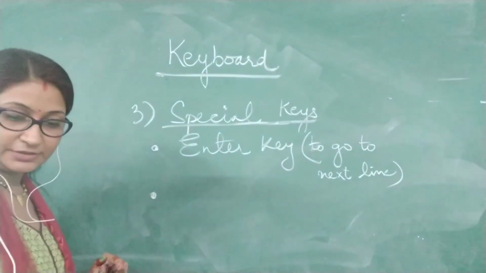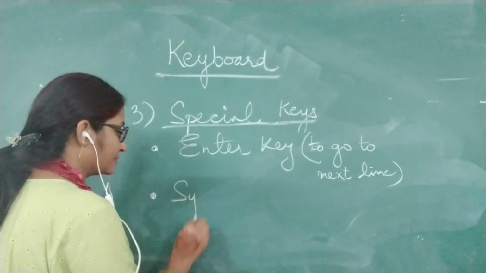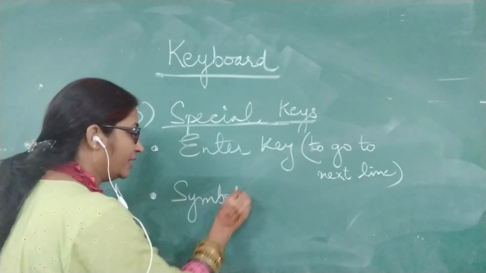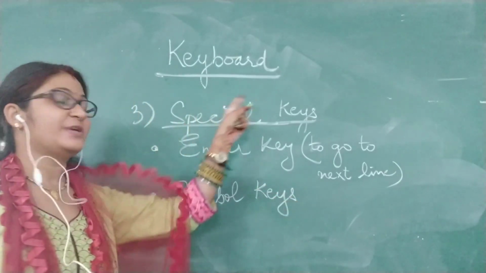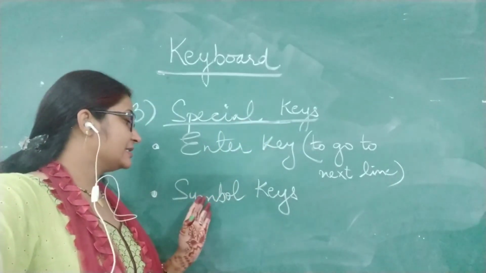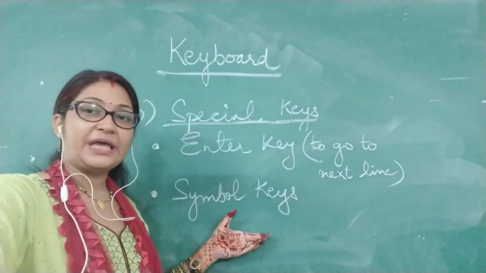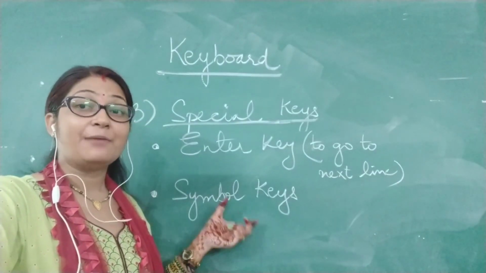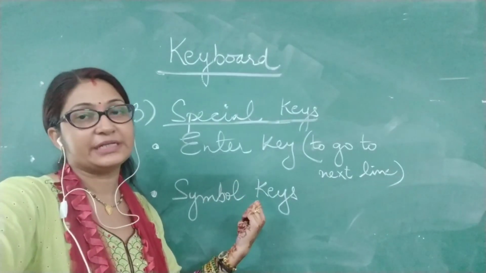Next we have the symbol keys. Children, I have just told you that whichever special symbols are present on top of one key, these are the symbol keys which we can use. And how can we make use of these keys? By pressing the shift key and that symbol key.